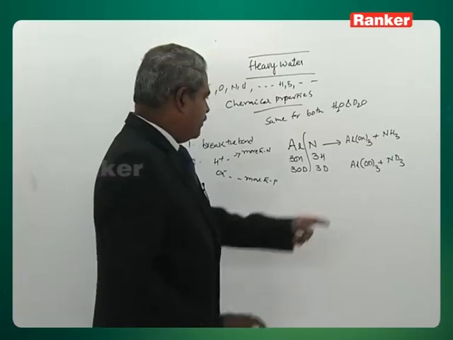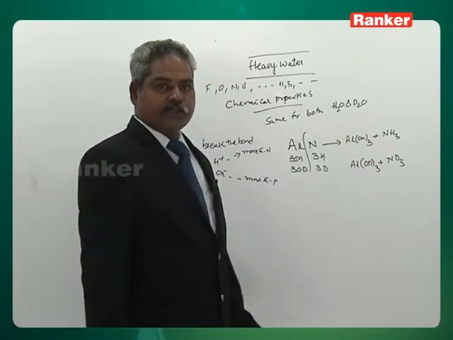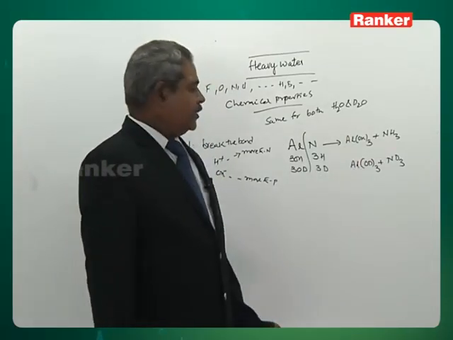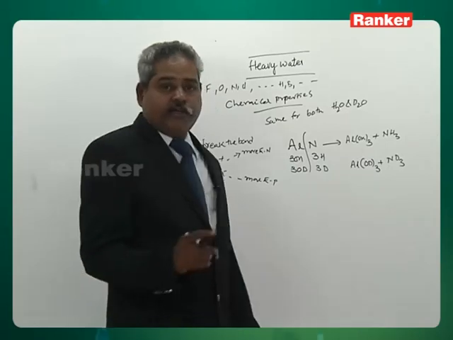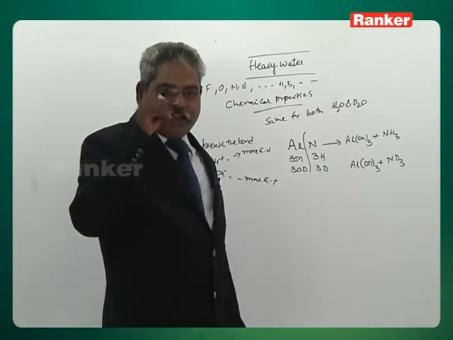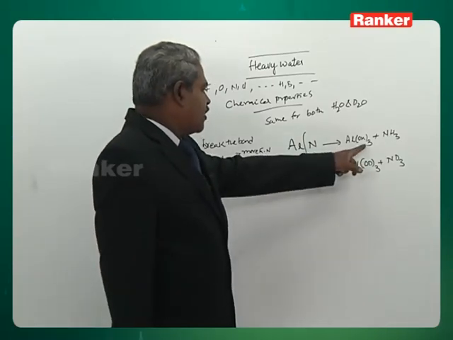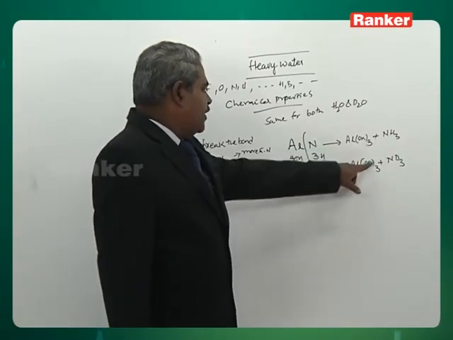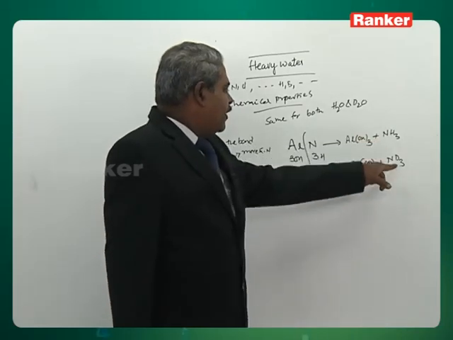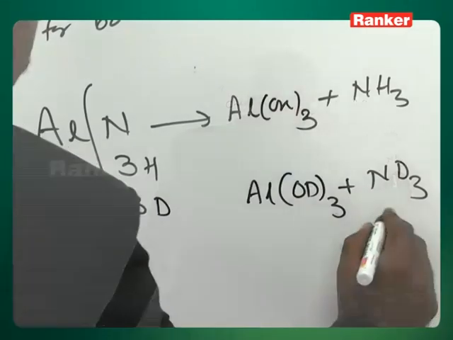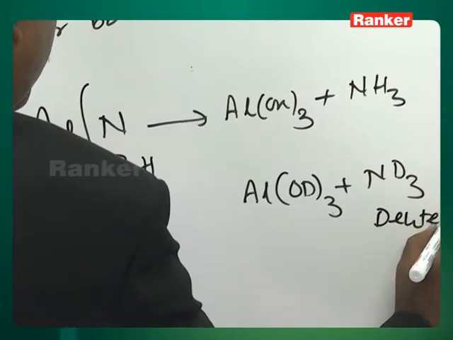There is no difference between H and D except for mass. Only the isotopes of hydrogen have been given separate symbols, H, D, T. So, this is deuteroxide, hydroxide, deuteroxide, ammonia, deuteroammonia. Put deutero wherever deutero.